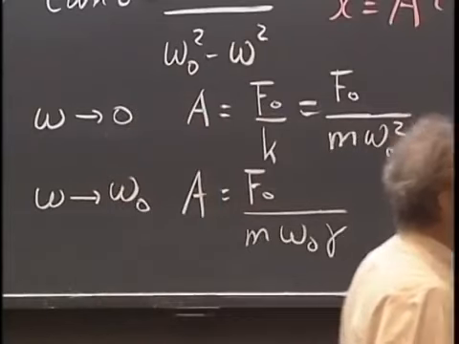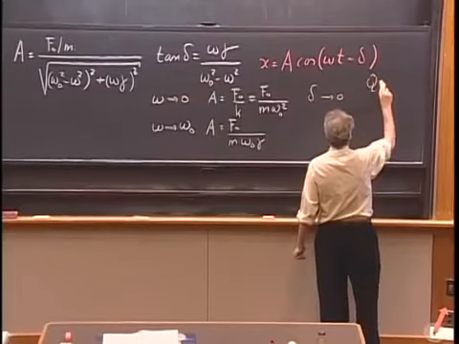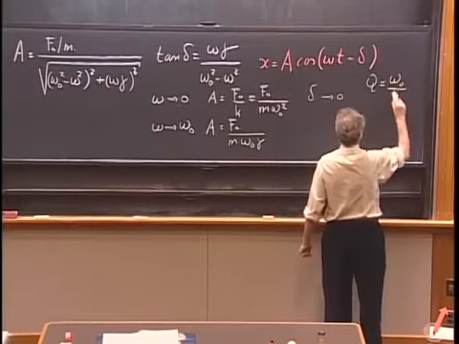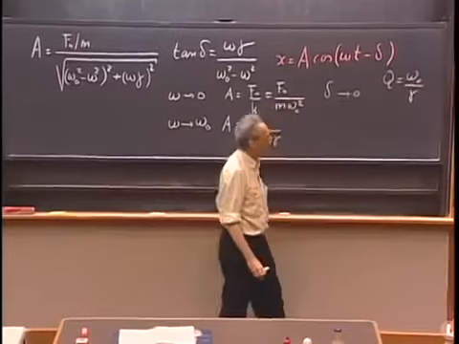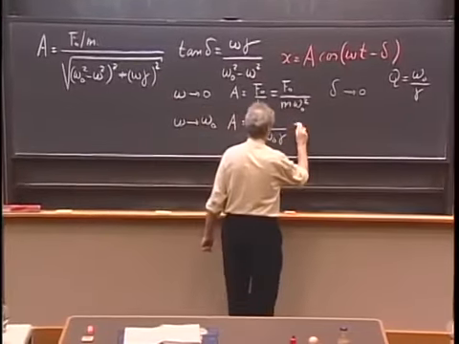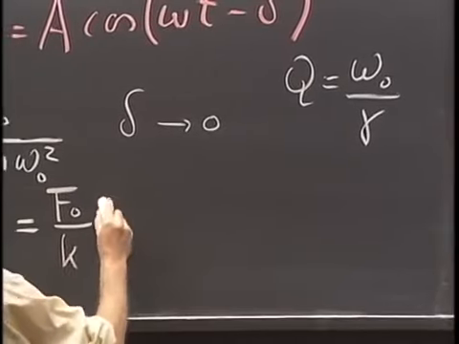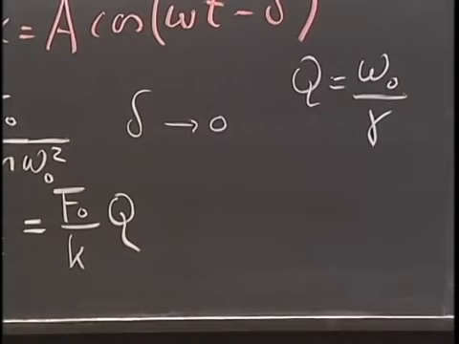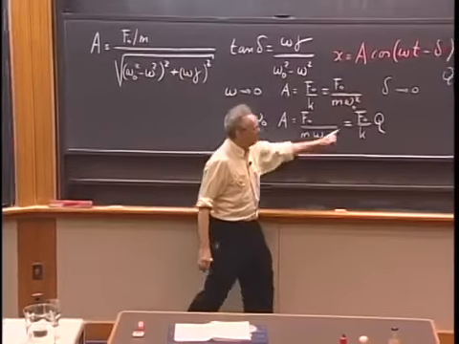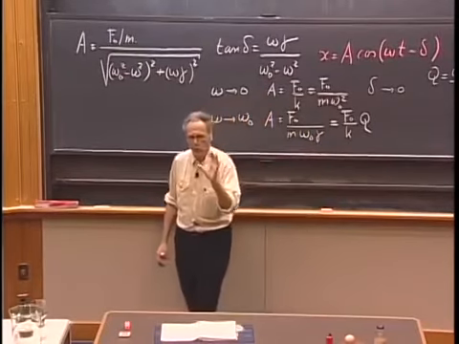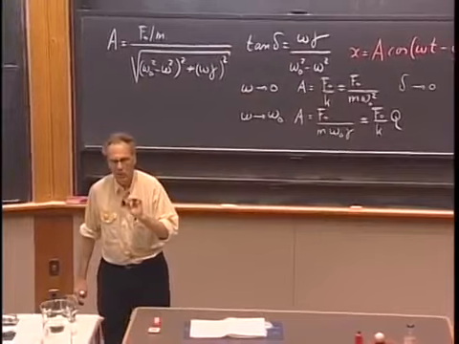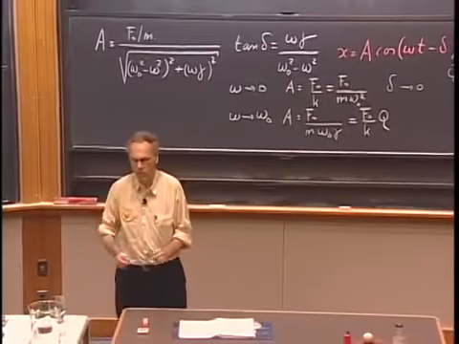Well, if you remember that we introduced a quality factor Q, omega 0 divided by gamma, which is a dimensionless number, then you can also write this as F0 divided by k times Q. So that's nice to remember, that at resonance, the amplitude of the object is Q times higher than what it would be at extremely low frequency.